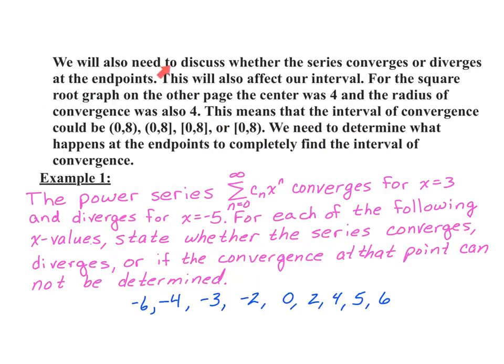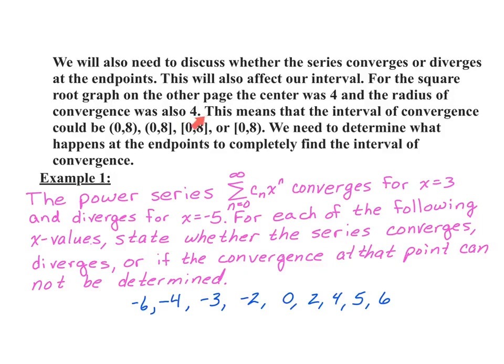All right, we'll also need to discuss whether the series converges or diverges at the endpoints, and we'll do that a little bit later in the chapter. This will also affect our interval. For the square root graph on the other page, the center was 4, and the radius of convergence was also 4.